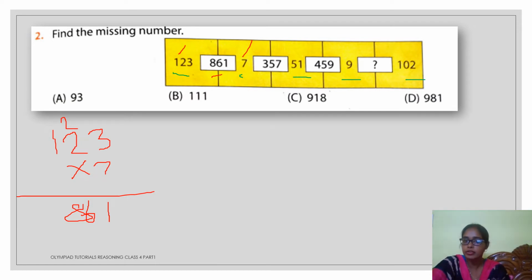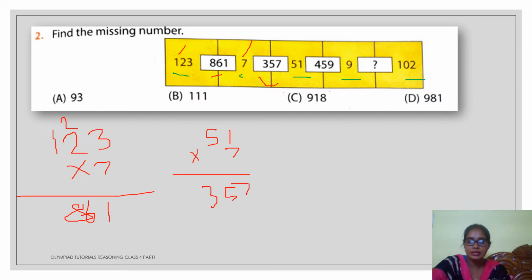Let's check it for the next number, that is 51 into 7. 7 ones are 7, 7 fives are 35. So you have 357. You have to go on multiplying.